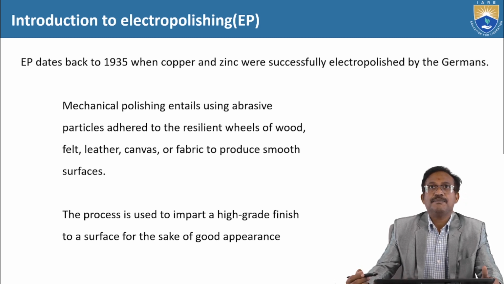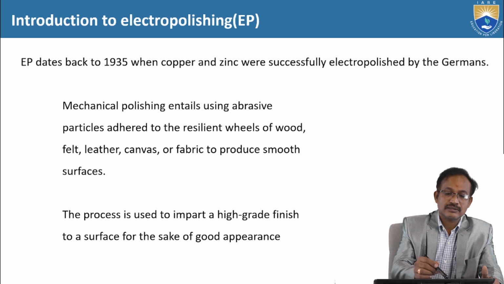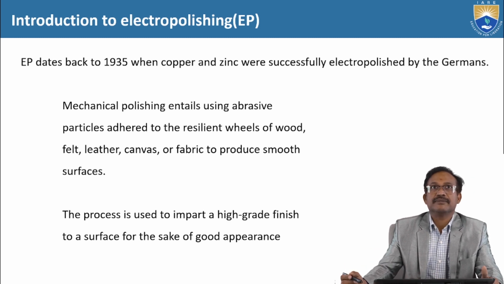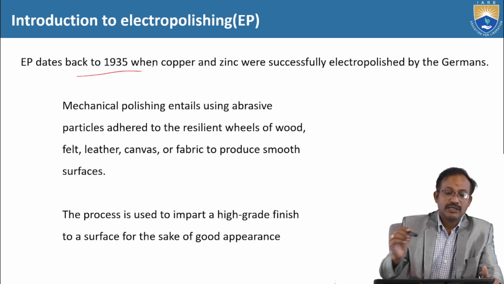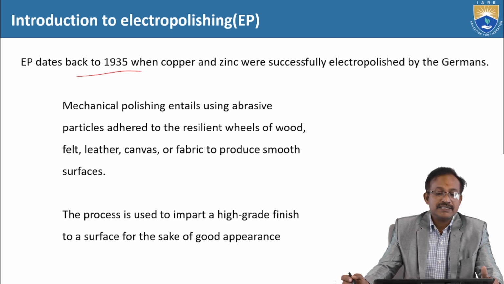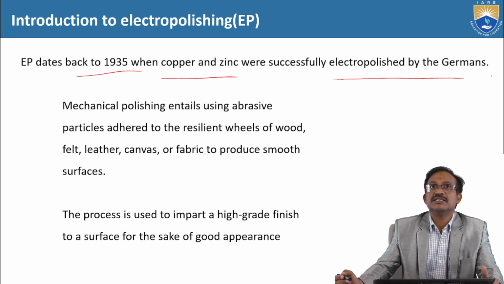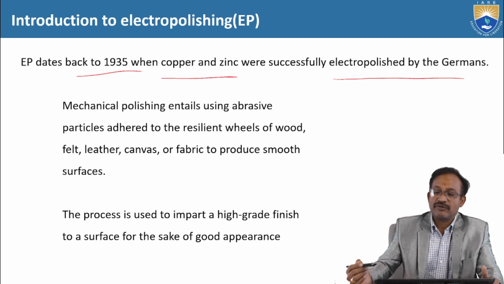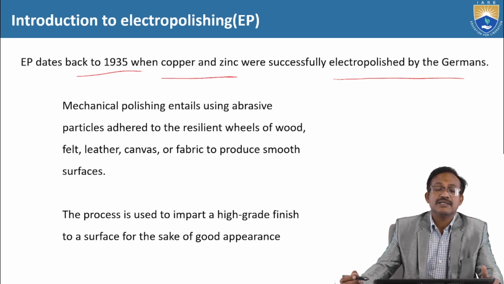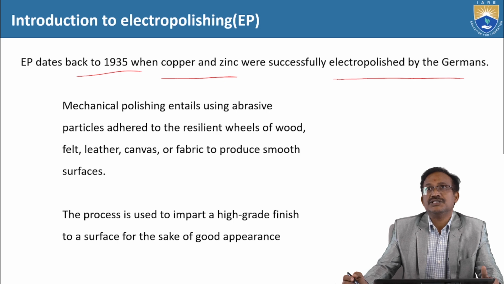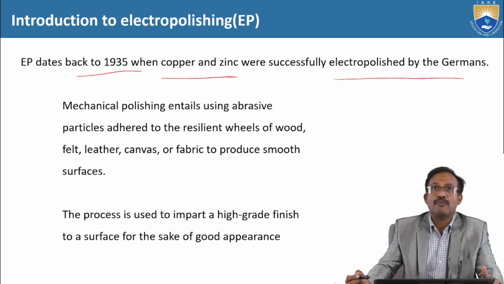EP, in short, electropolishing, dates back to 1935, when copper and zinc were successfully electropolished by the Germans. So Germany first introduced EP in 1935 for copper and zinc.